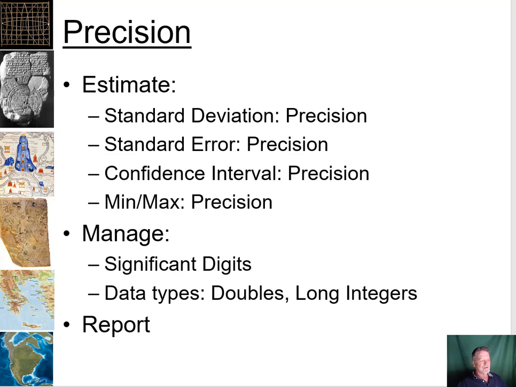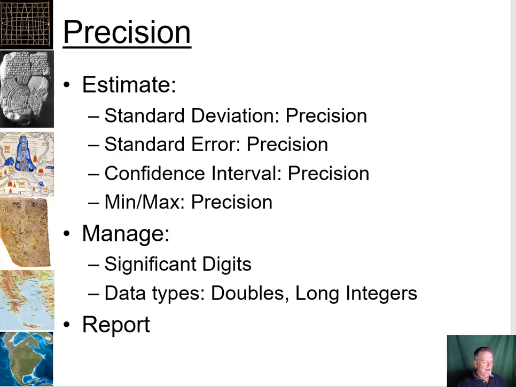Standard error can also be used for precision, as well as confidence interval. So all three of those are ways of doing precision. Min-max is another way to do precision. I just don't recommend that one because usually min-max isn't really accurate in that you can have values well outside the min-max. And it doesn't really tell us what's happening statistically with the data.